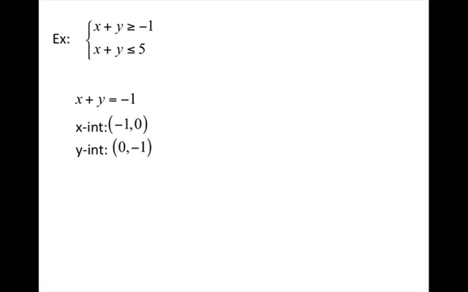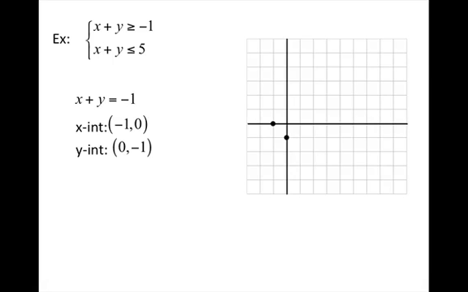So for the first boundary line, plot the points negative 1, 0 and 0, negative 1. And we're going to draw the solid boundary line through these 2 points. Now for my test point. This line does not go through 0, 0, so test 0, 0. Go back to the original inequality, x plus y is greater than or equal to negative 1.